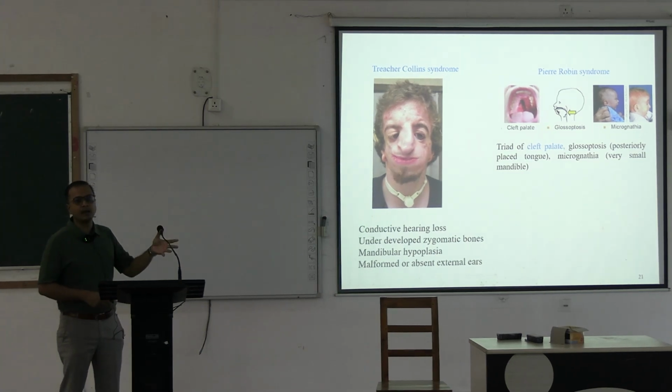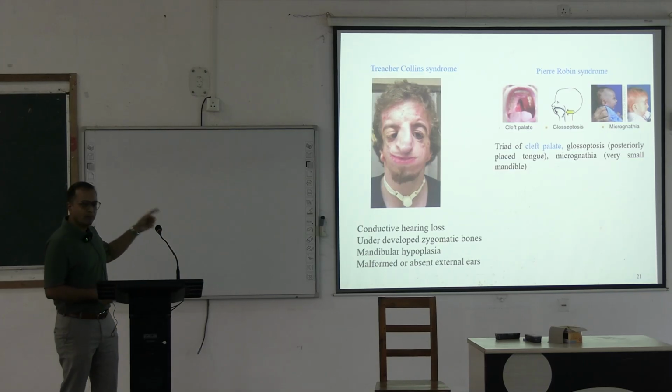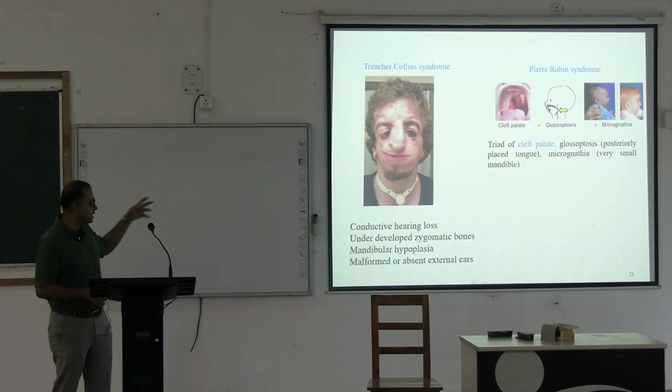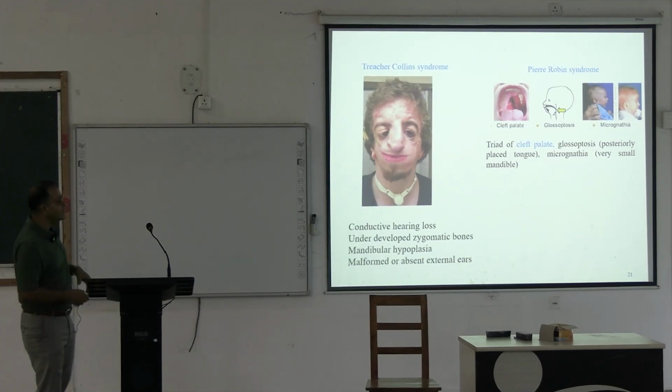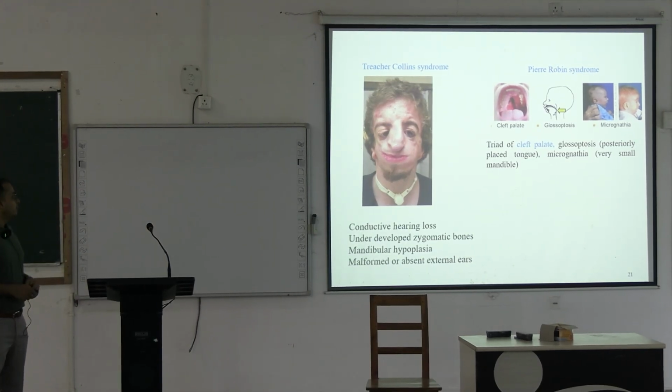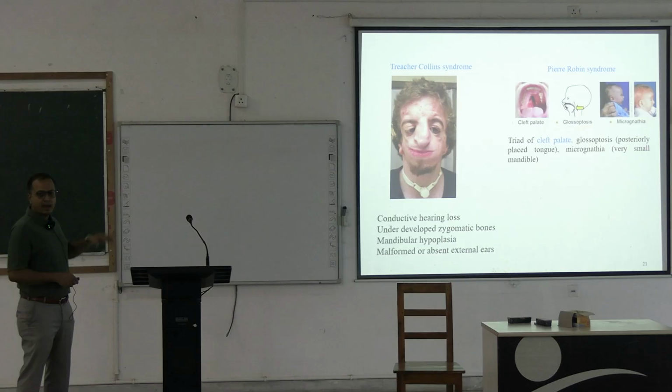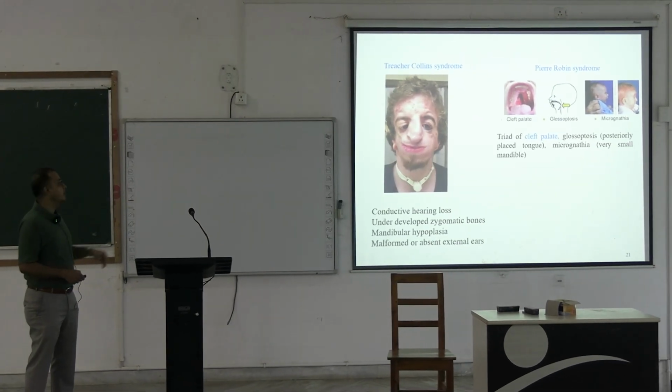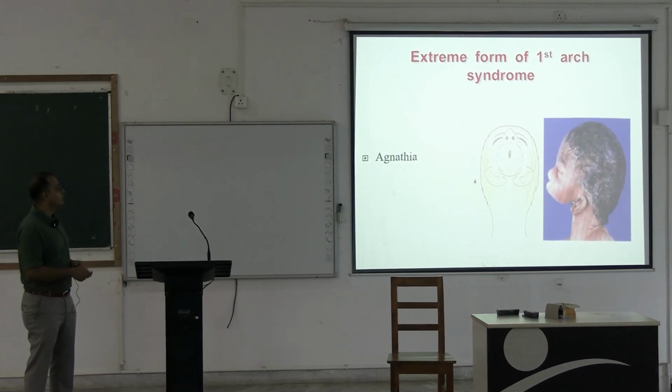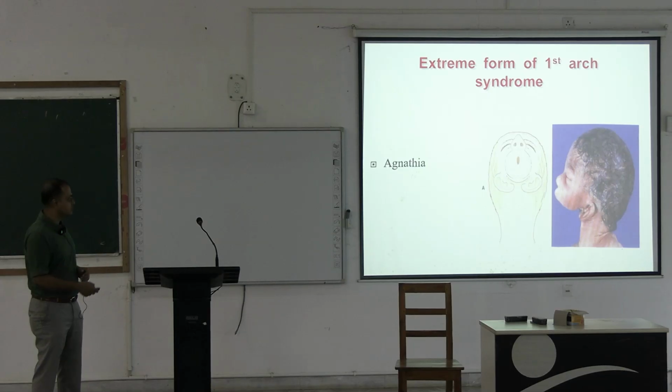If you get any developmental error of the mandible, like absence of the mandible or agnathia, or any ill-defined problem of the mandible, we largely attribute it to a first arch development error. We call it first arch syndrome, depending on how extensive it is.